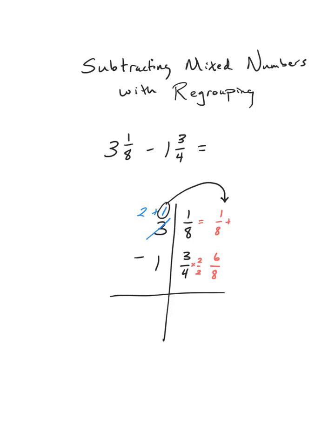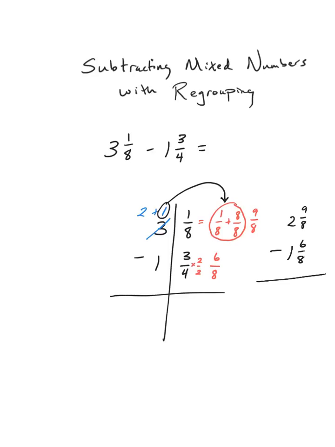Just like with subtracting fractions from whole numbers, my 1 whole, when I regroup it over there, takes the name of the fraction, which in this case is 8ths, and 8/8 is equal to 1 whole. So now all together over here, I have 9/8. So basically what I just did is I renamed my problem as 2 9/8 minus 1 6/8.